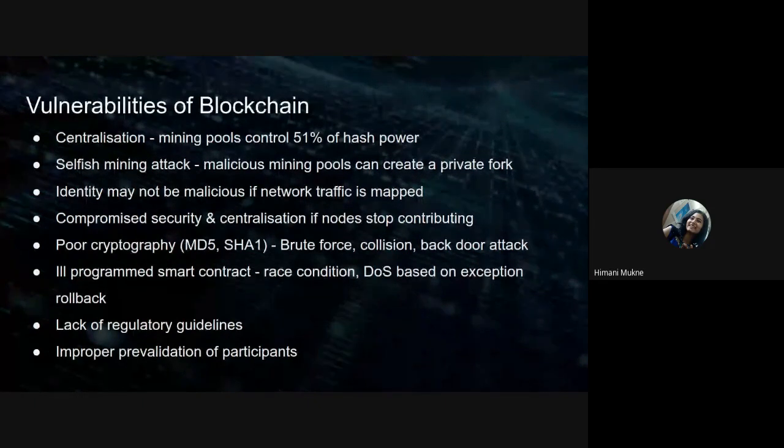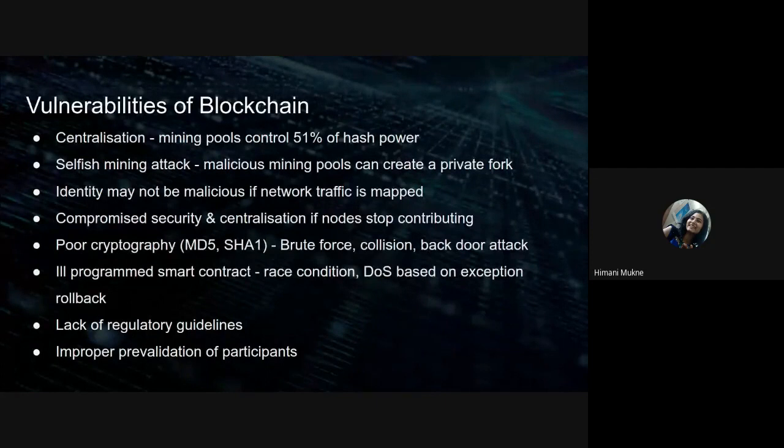So they may choose not to work towards creating centralization. They may just choose not to work, which will compromise the overall security of the blockchain, because there will cease to exist one giant hash power. So this again puts a threat on decentralization if the nodes are not motivated enough to contribute always.